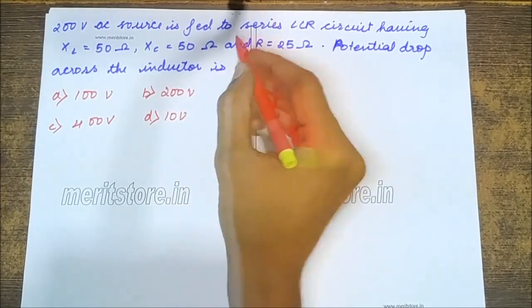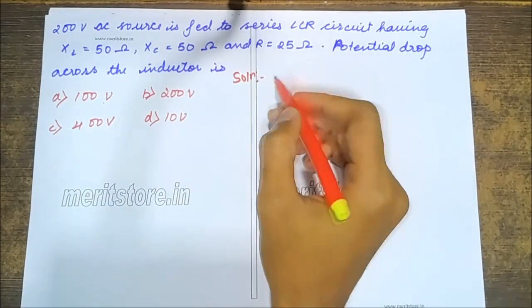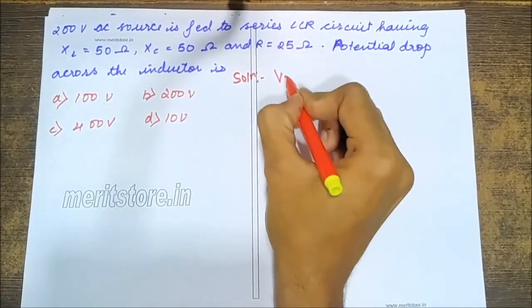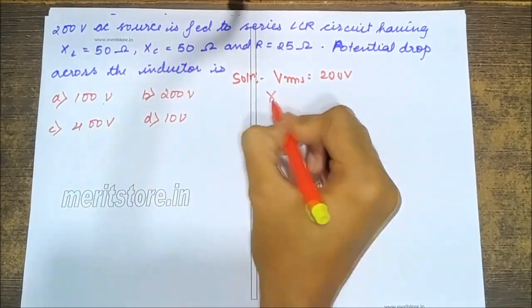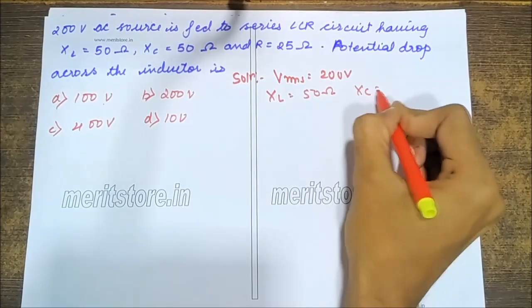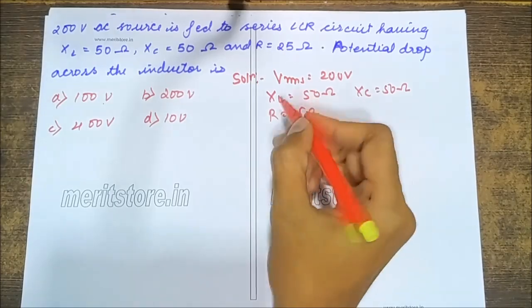The options are 100 volts, 200 volts, 400 volts, or 10 volts. We have been given the VRMS, which is 200 volts. The inductive reactance is 50 ohms, the capacitive reactance is 50 ohms, and the resistance is 25 ohms.